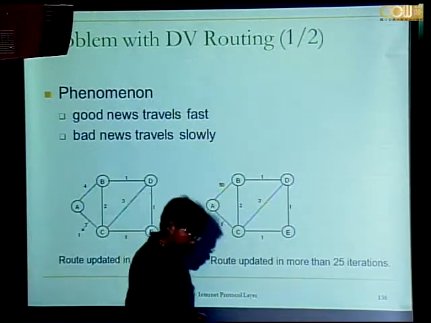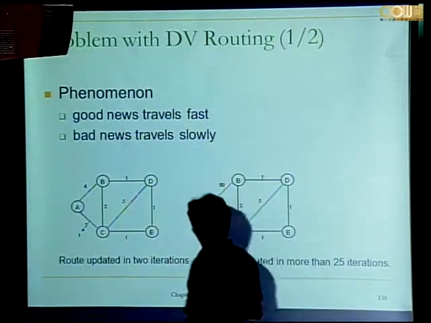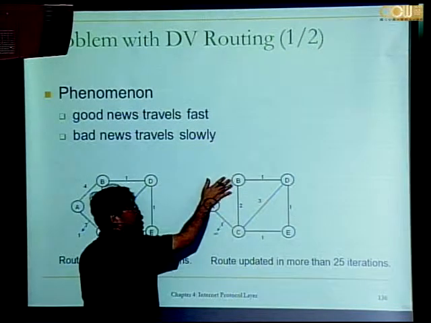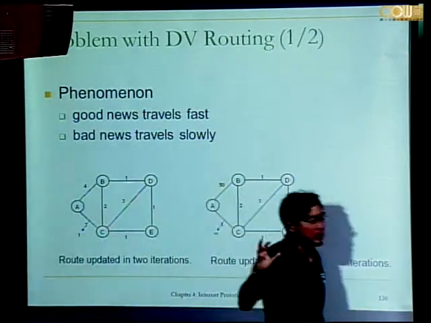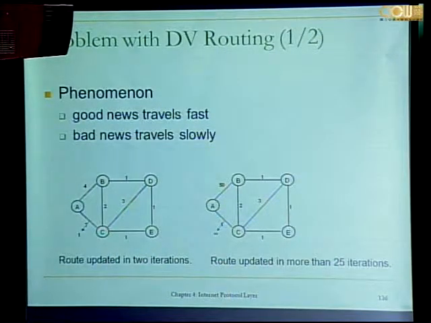For example, I will continue to go through C because this link cost is too high. There's a scenario explained in the text that would make A think that it can use C continuously because the cost to B is too high.